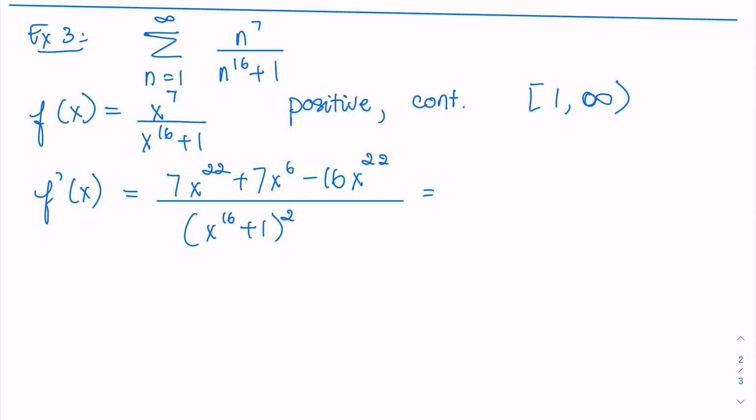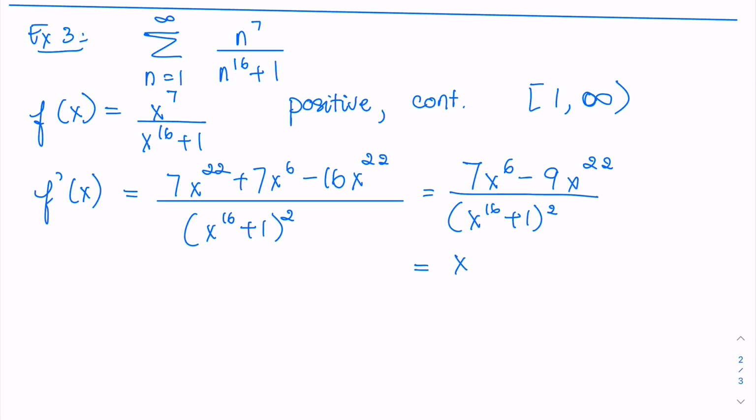If I rewrite the function, I'm going to end up with 7x to the 6 minus 9x to the 22nd over the denominator.